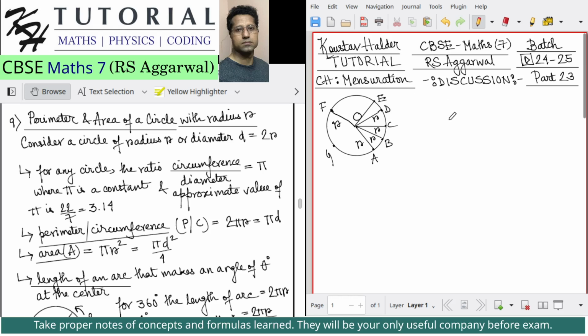So what is the formula, and what is the diameter? For the diameter of the circle, you take any 2 points on the circumference.